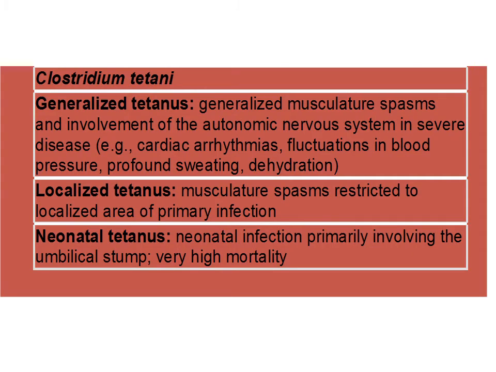As far as diseases are concerned, it's going to cause generalized tetanus, where people will have generalized muscle contraction, and a very severe form of that will cause problems with the cardiac muscles, because if cardiac muscle starts randomly contracting, you may have arrhythmias, and then you'll have all sorts of problems because of the involvement of cardiac tissue in terms of fluctuation in blood pressure and so on and so forth.